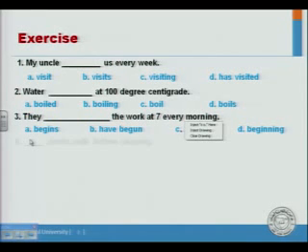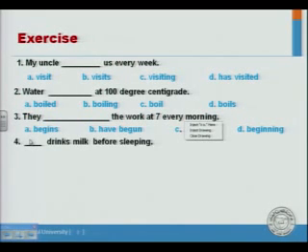Okay, let's move to number 4. Drinks milk before sleeping. This question is a little bit different from the three previous ones, because here I focus on the subject. How to choose the subject if the verb here is drinks?